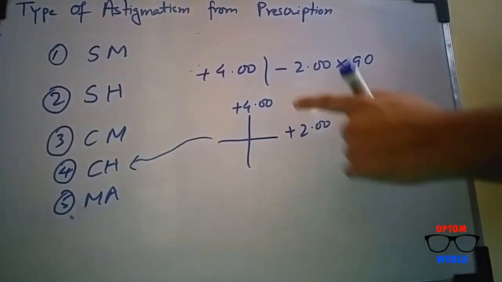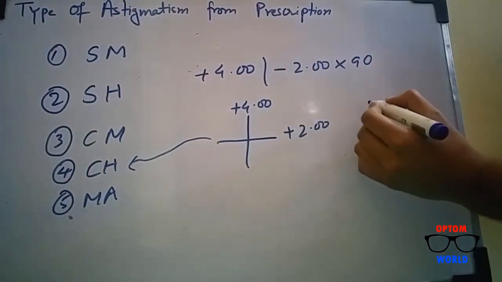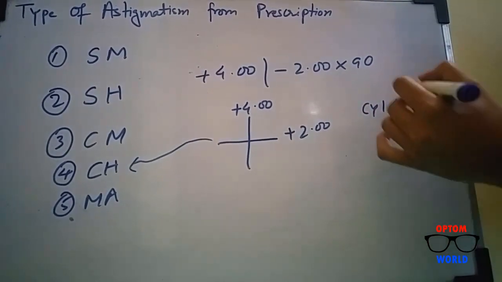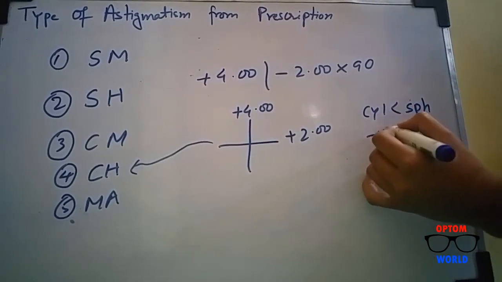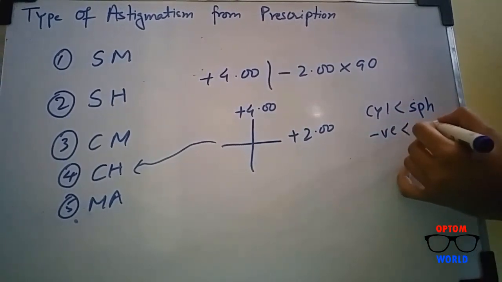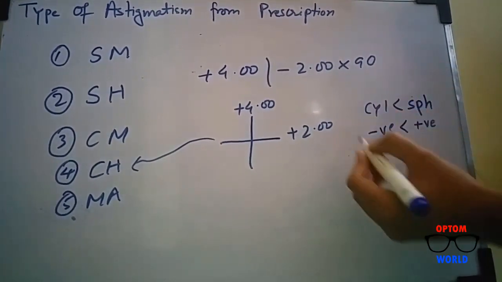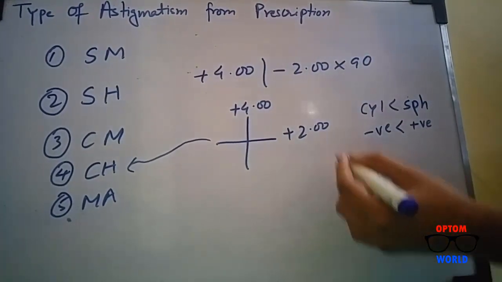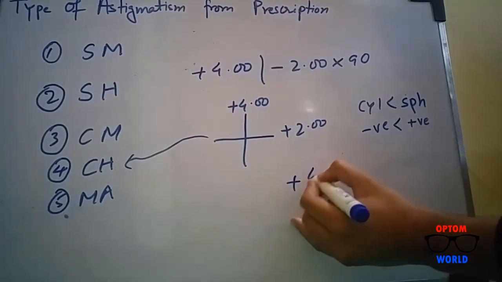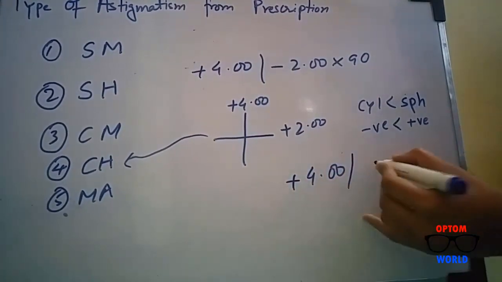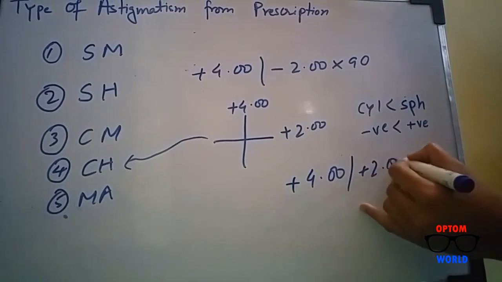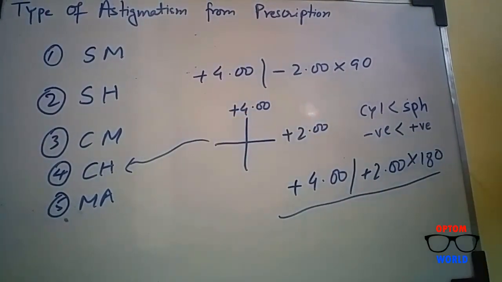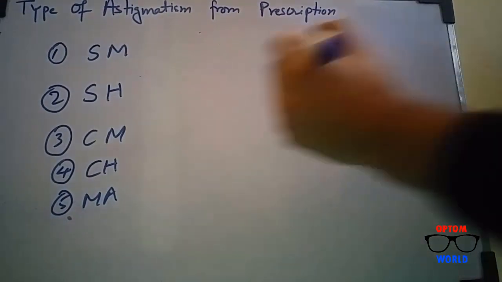So we can say that for compound hyperopic astigmatism, cylinder should be less than sphere, and cylinder should be of negative sign and sphere should be of positive sign. Or we can say that both meridians have positive power. For example, if you have plus 4 with plus 2 at 180, it means that it is also compound hyperopic astigmatism.